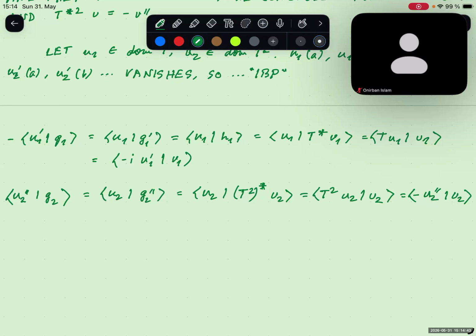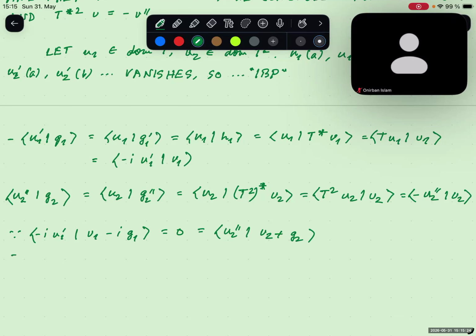Okay, now as we have seen, minus i u1 first derivative inner product with v1 minus i times g1, this is 0, and so is u2 double derivative with inner product v2 plus g2. We have just seen.